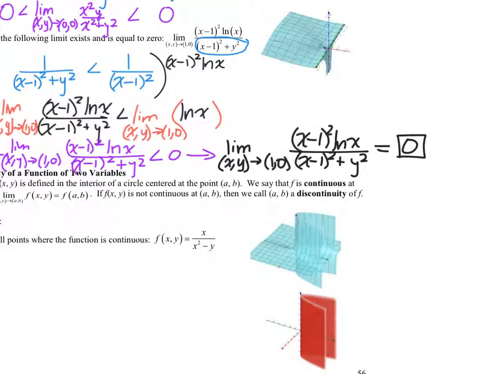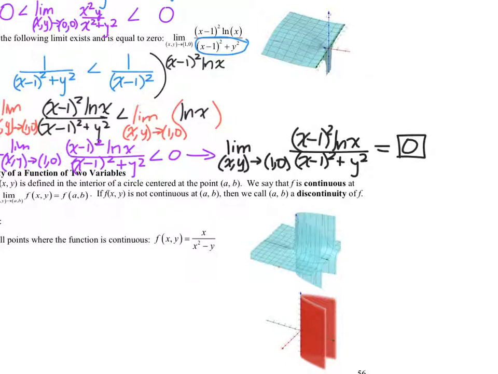I've had people mysteriously drop the limit throughout the whole process, even in Calc 1. And the minute you drop the limit, it's not correct anymore, right? Because I don't know that it's actually ever going to get to 0. Remember, you could be approaching a discontinuity, a hole in the graph.